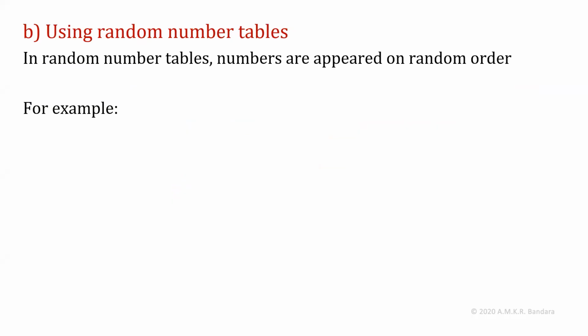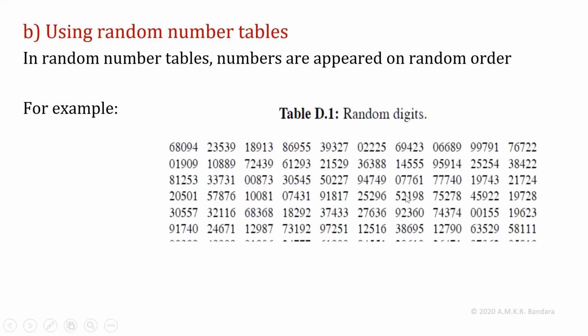In first method, what you can do, you can write chits and put those into container and draw the required number of chits, and select individuals. In second method, there are tables called random number table.